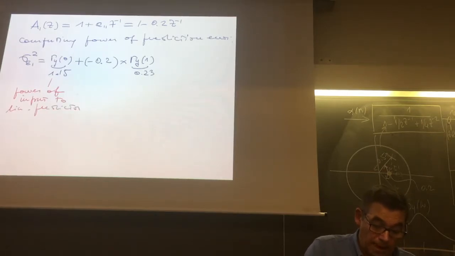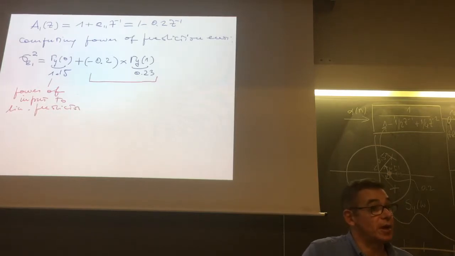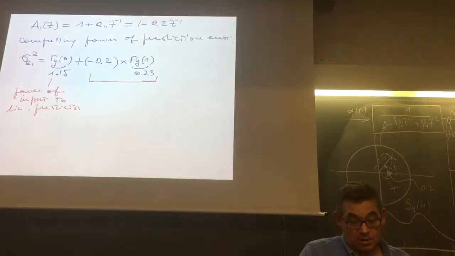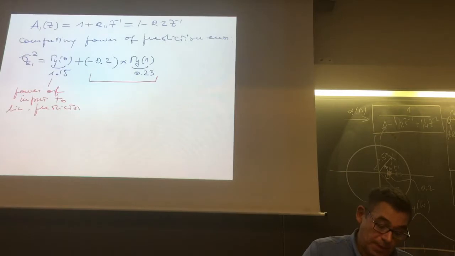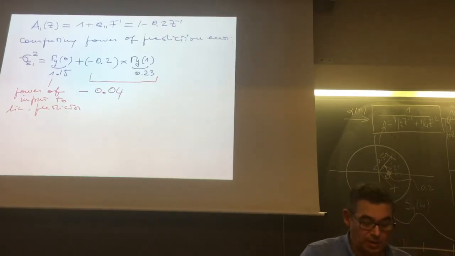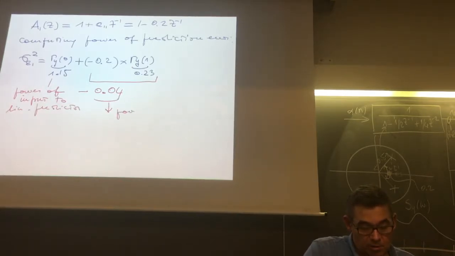This is 0.2 times 0.23, which is 0.04, so it is minus 0.04 approximately. This one is the power reduction due to the prediction.